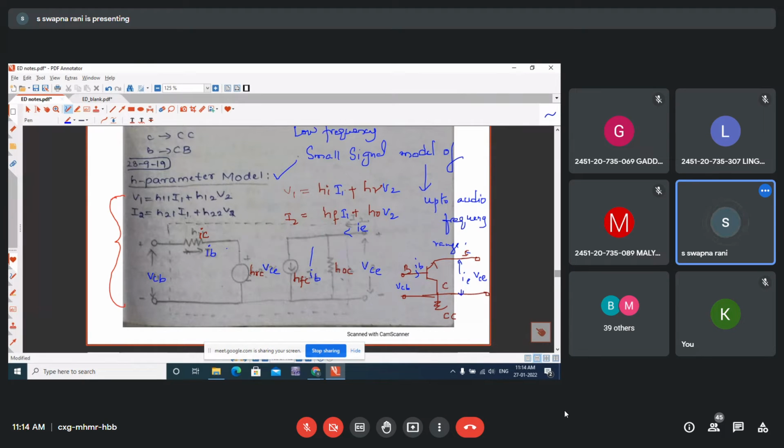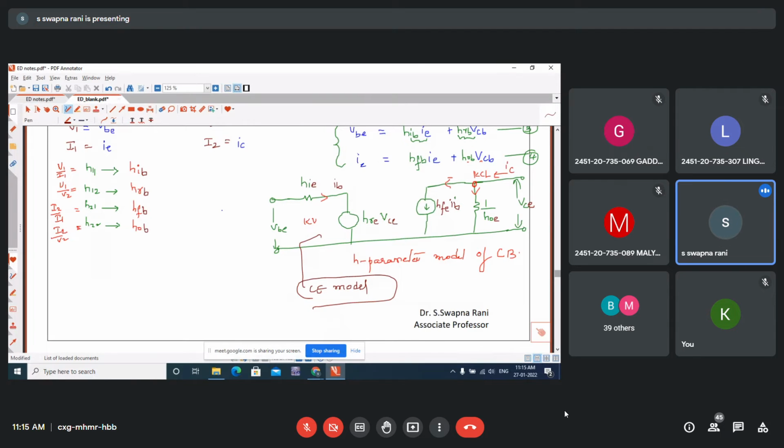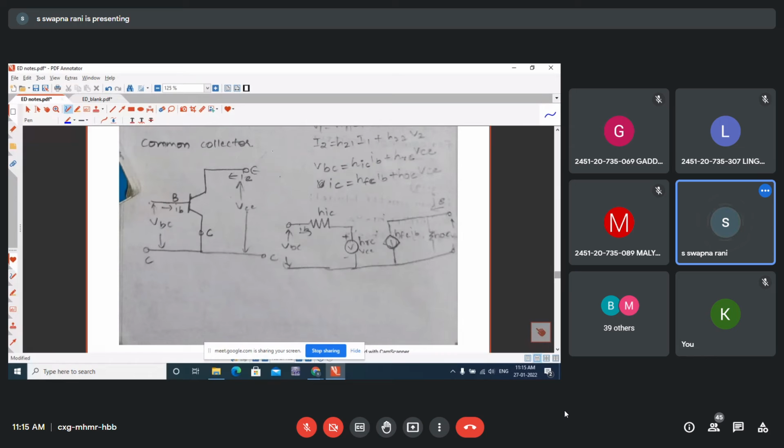So remember these general equations and general model in terms of H with two suffixes, and remember this model in terms of I1, I2, V1, V2. Later you can modify it to the transistor currents and transistor voltages. So this is drawing the H parameter model for common emitter, common base and common collector.